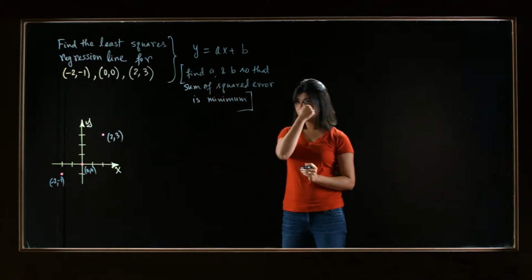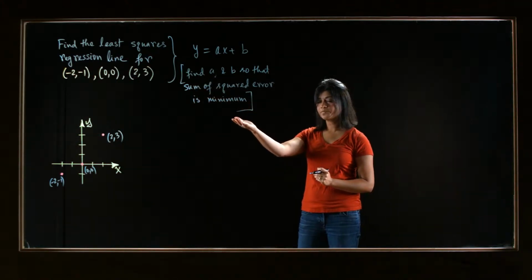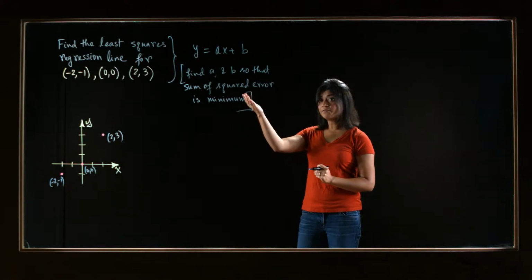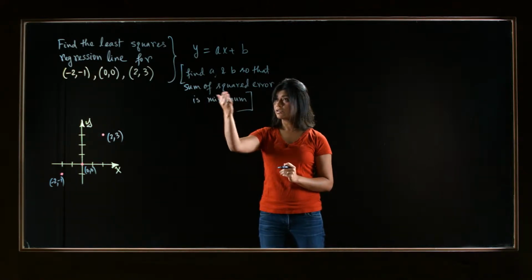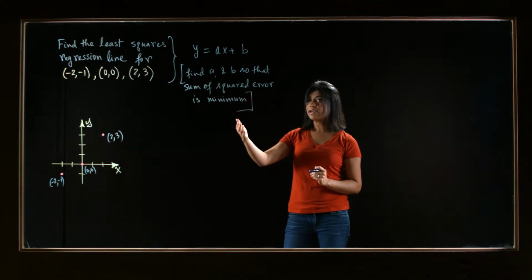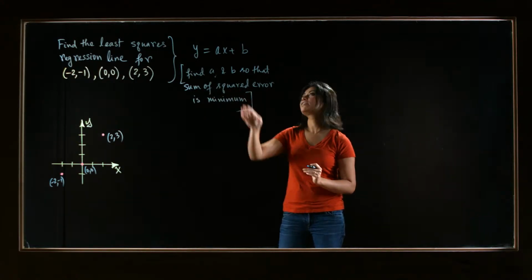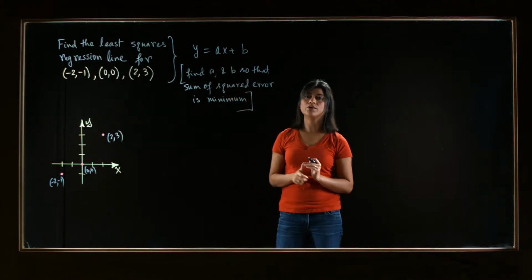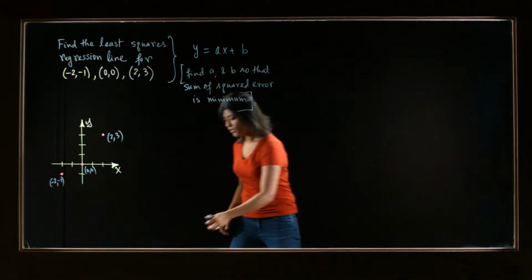Okay, so notice it's a minimizing problem. So we have to first find the function, and the function can be found using the sum of squared error formula, and then we have to minimize that function. That will give us our a and b, so we will know what line it is.